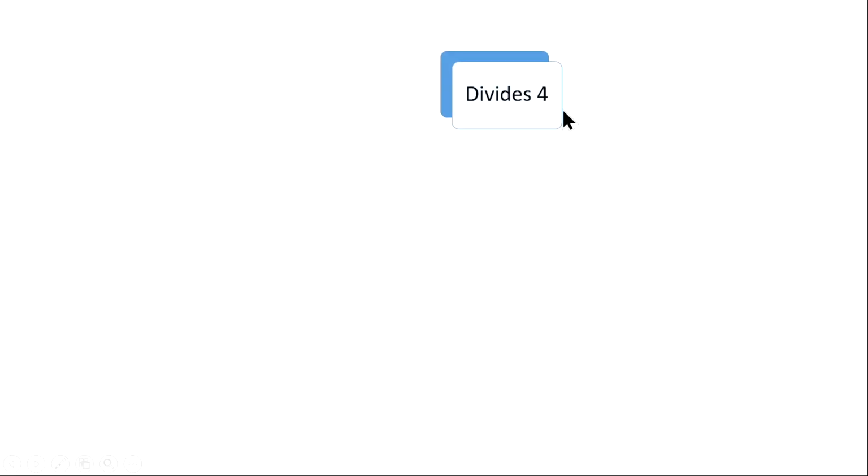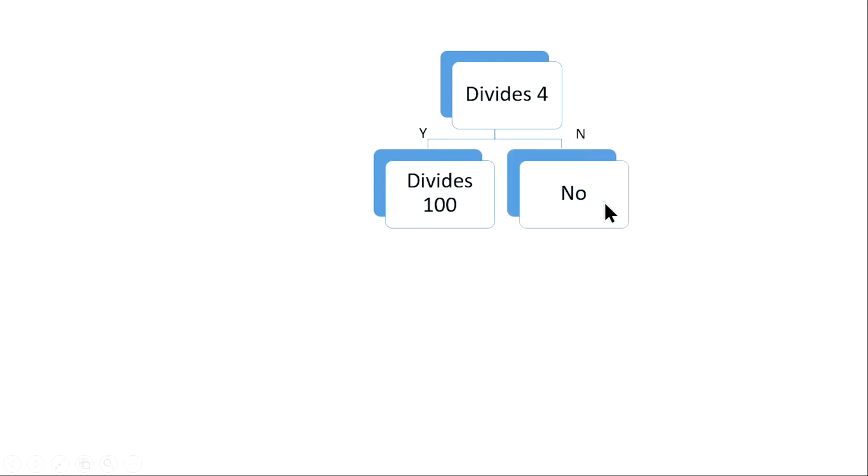First, given a year, we divide it by 4. If yes, it divides by 4, then we check if it divides by 100. If it does not, then it's a leap year.